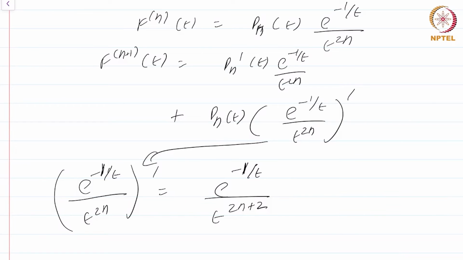This 1 by t squared I'm attaching to the denominator, plus the derivative of 1 by t power 2n, which is going to be minus 2n times e power minus 1 by t divided by t power 2n plus 1.